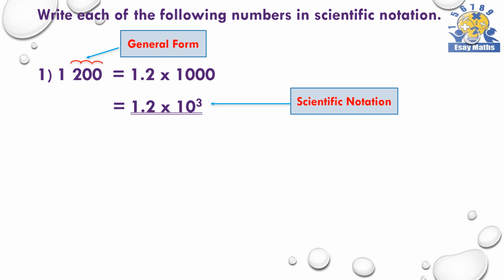To obtain 1.2, we should shift the decimal point 3 times to the left hand side. Then you have to express that number of times as the index of the power.